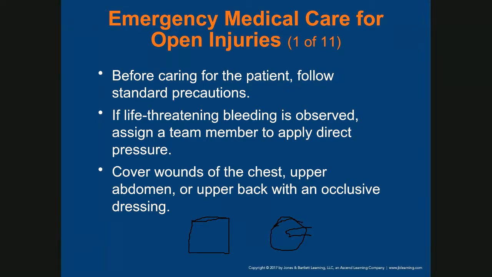The one that we improvise using the bag that our O2 mask comes out of will have a square appearance. If it's a chest, you will seal 1, 2, 3. Only 3 sides if it's the chest, right? So if it's a puncture wound to the chest, we are only sealing 3 sides.